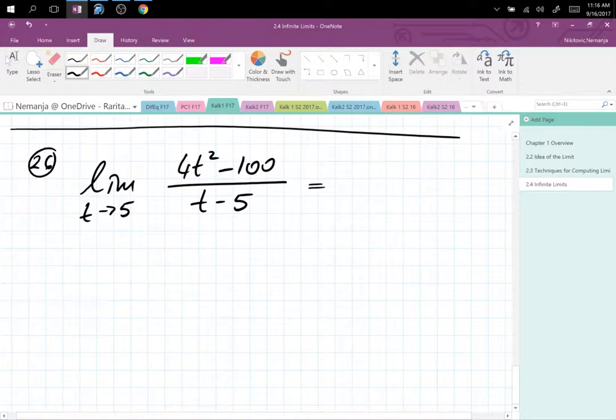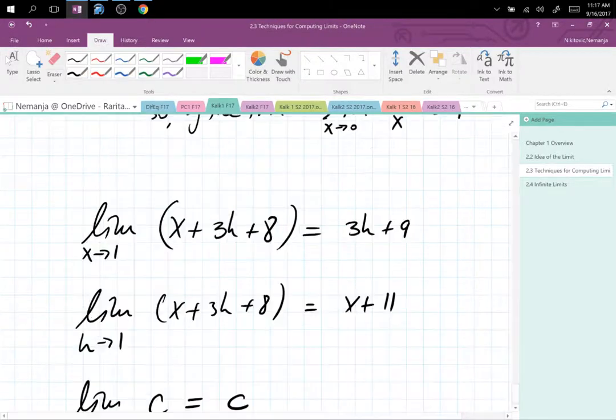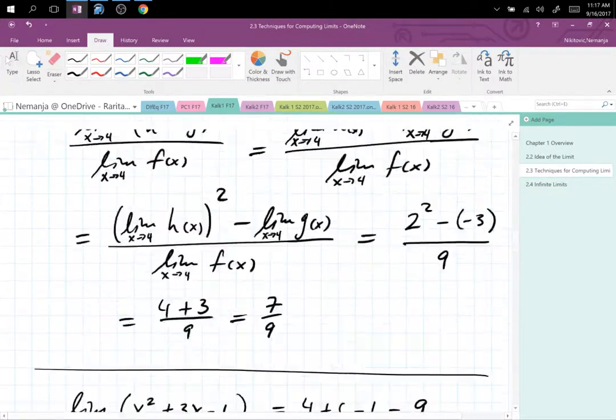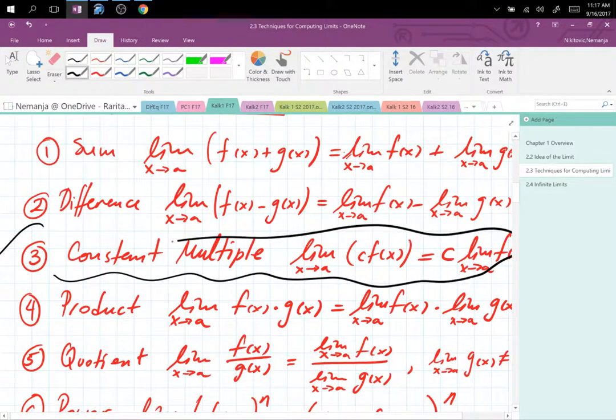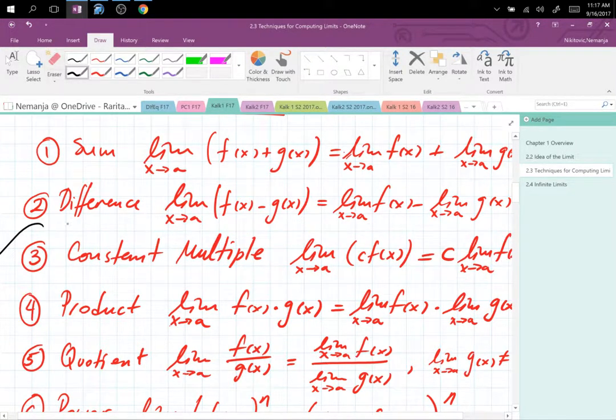Factor out the 4. We factor out 4, and if you remember the rule we learned, you can kick that in front of the limit. It can go all the way in front of the limit because of the limit law that says that constants can be kicked out in front of the limit. So we can kick the 4 out.